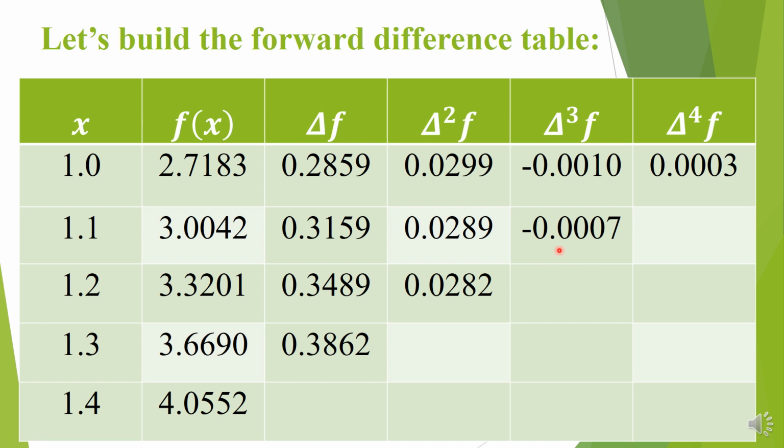Same process in the final step. First you write this number, then minus sign, then you write this number, then we simplify, we get 0.0003. This is the double forward difference.